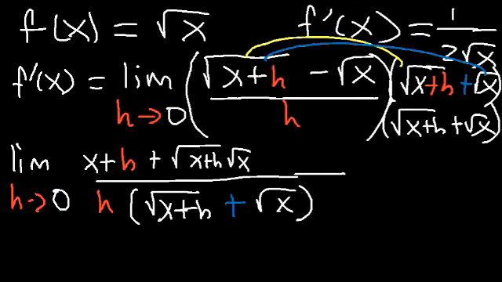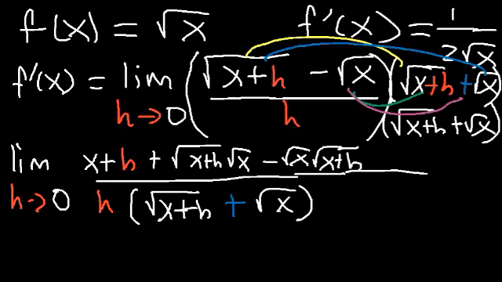You just simply write them together. And then root x times root x plus h is negative root x plus h. Don't forget about the negative sign. And then negative root x times positive root x. Root x times root x is simply x, but we have to carry along the negative on the outside, so it's negative x.